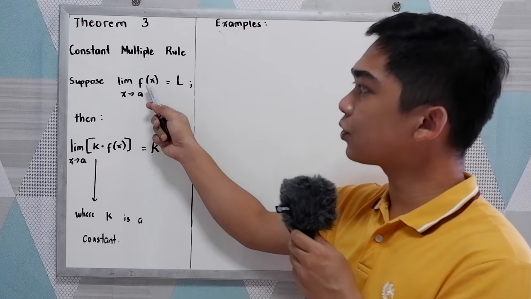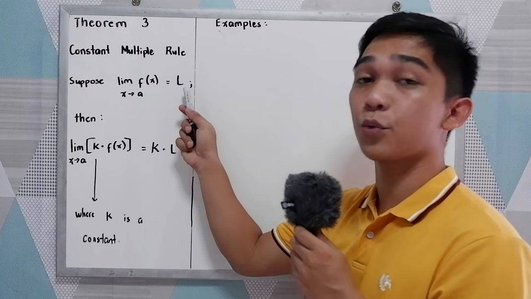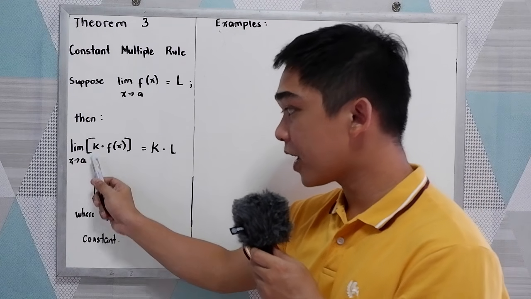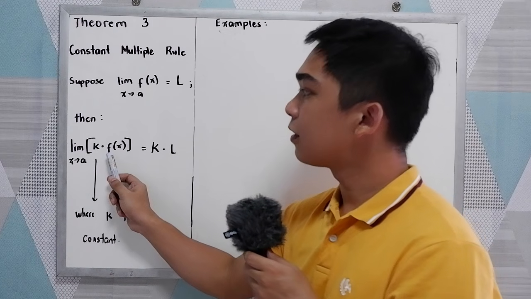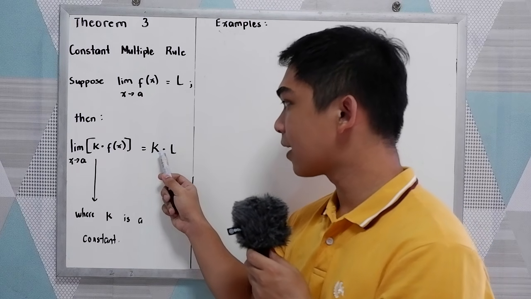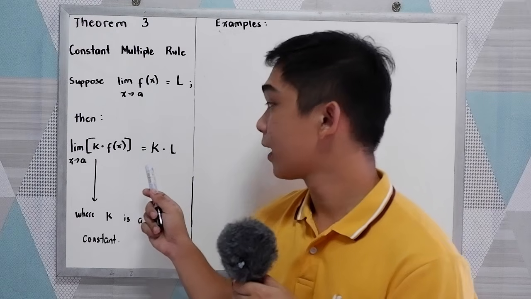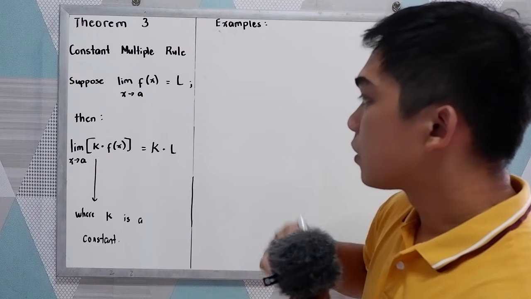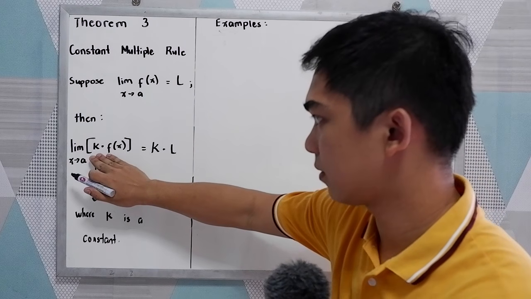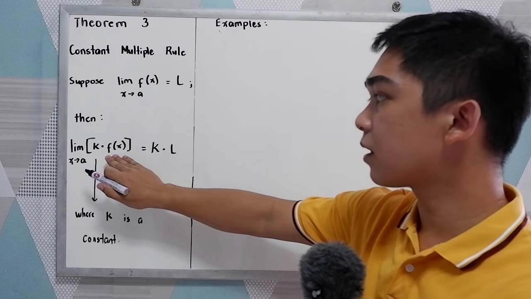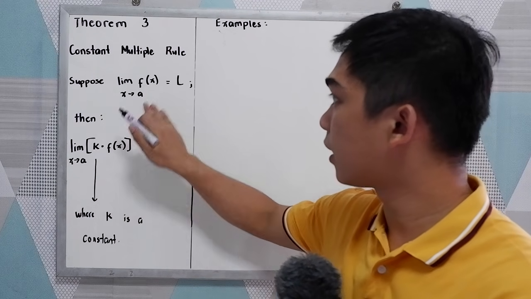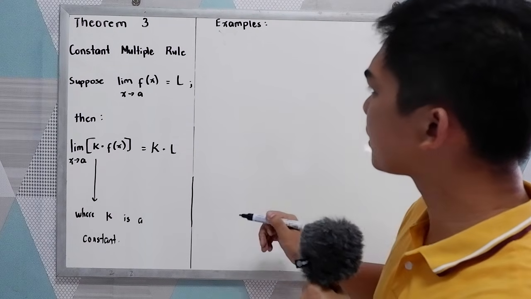Suppose the limit of the function f of x as x approaches a is equal to L, then we have the limit of the quantity k, where k here is our constant, times the function f of x as x approaches a is equal to the constant times the value of our limit, which is L. So if we have the constant and the function, we can just get the constant multiplying to the limit of our function. Now to understand, let's have this example.